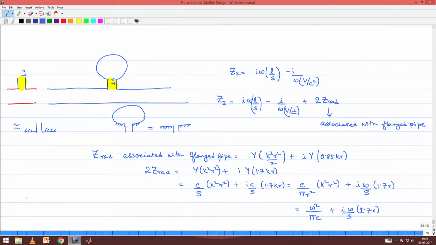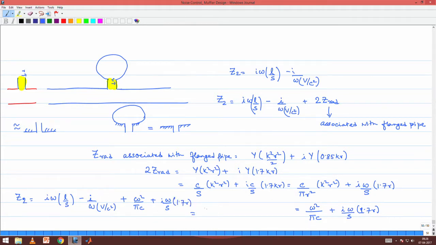So, therefore, this Z2 factor needs a correction, which is going to be I omega L by S minus I by omega V by C square plus 2 times Z rad is calculated to be omega square by pi C plus I omega by S 1.7 times r.